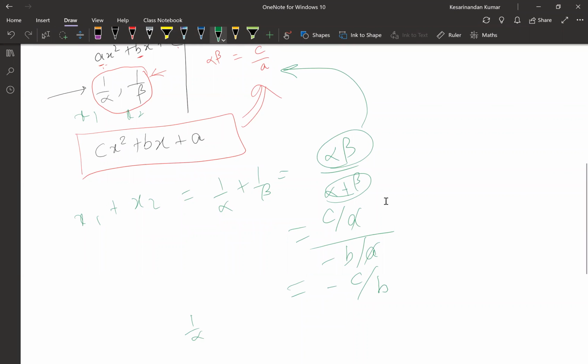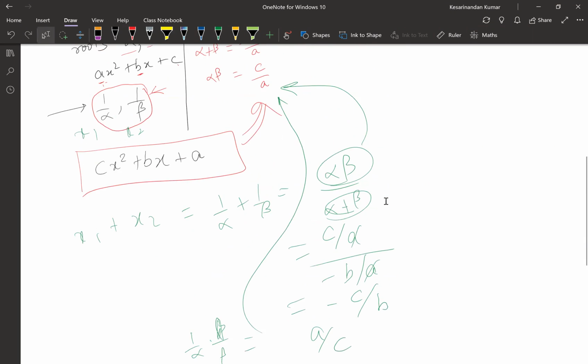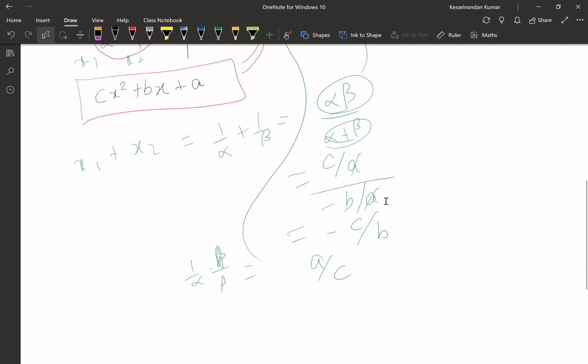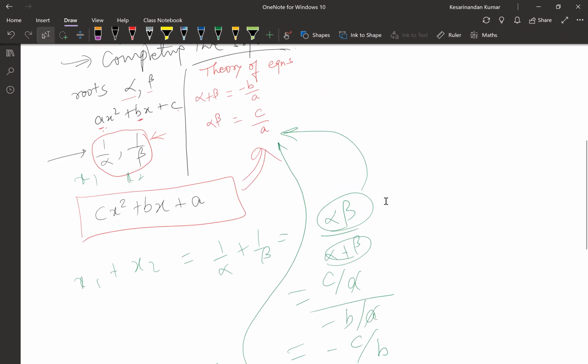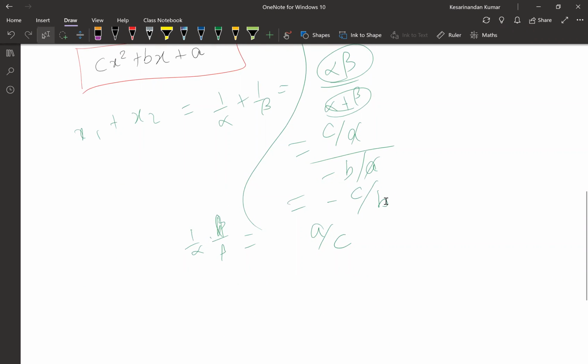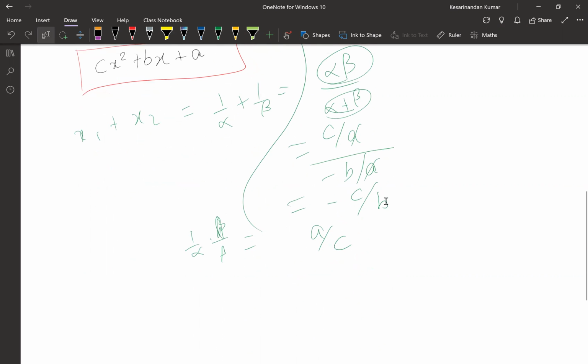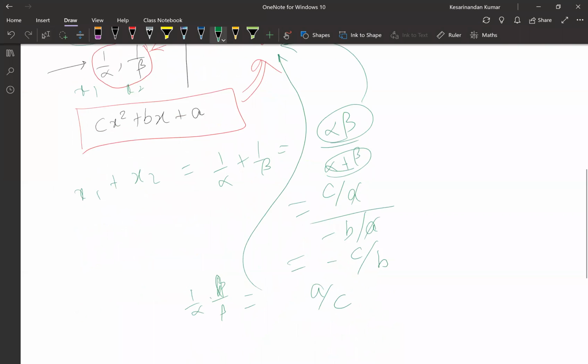Similarly, the product of roots will be 1 by alpha beta, which is equal to a by c, because this is quite the opposite of this. Now what is left is your simple part. Just put it in this form and you will get cx square plus bx plus a.